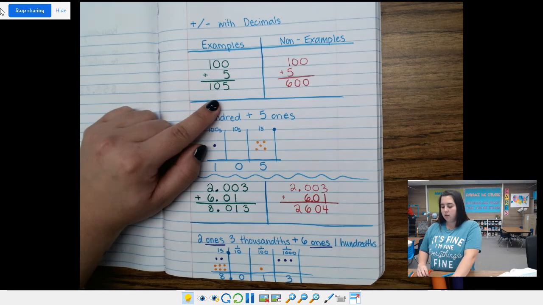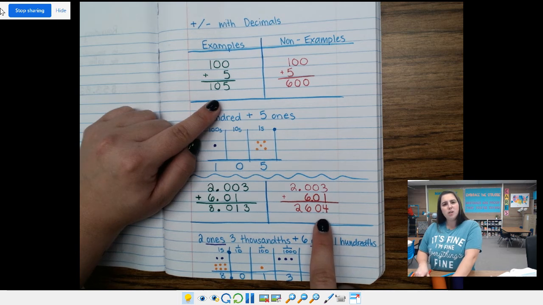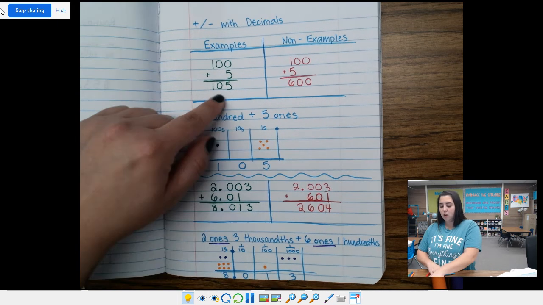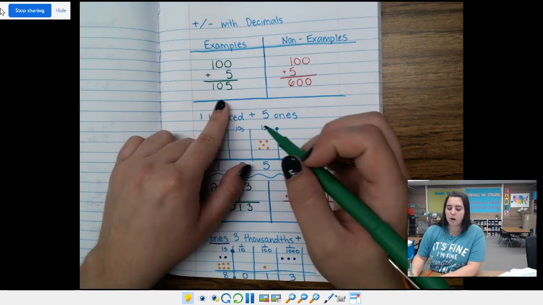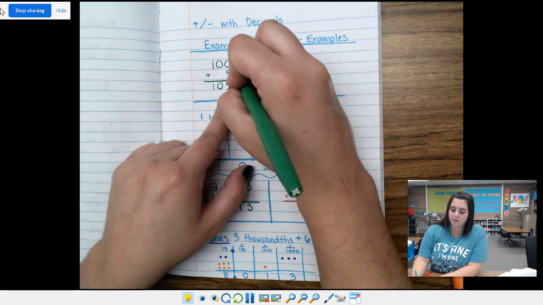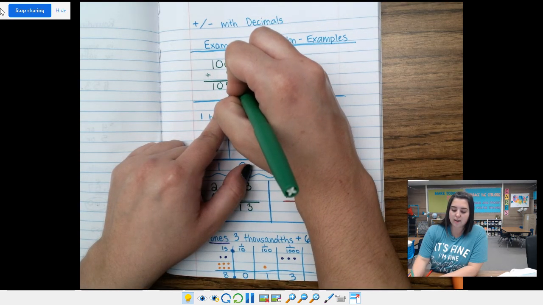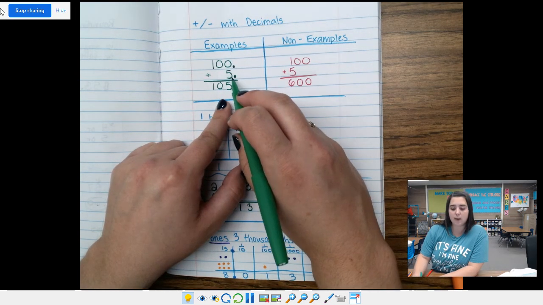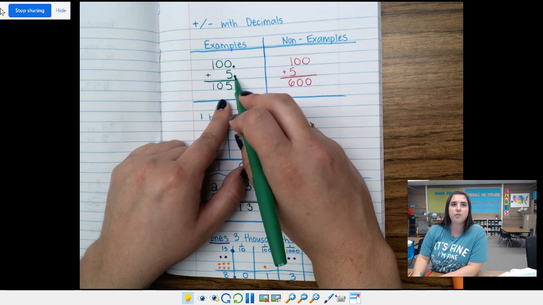So why is it that when we're adding up these numbers, we always line them up on the right, but for a decimal number, we don't? Well, here's why. On this problem, think about where would the decimals be? They go right at the end. My 5 was in my ones place, so the decimal's right after it.